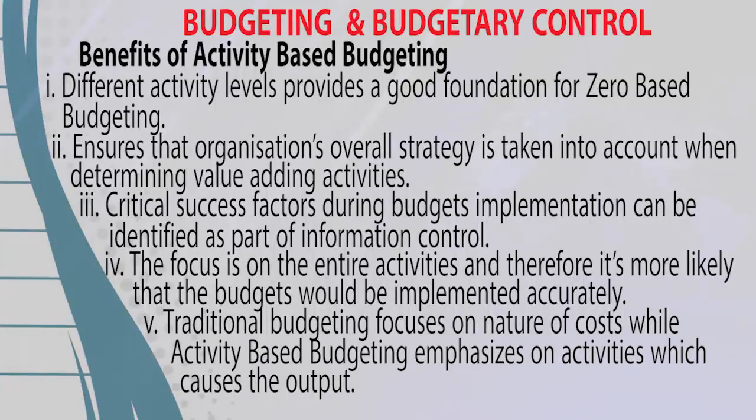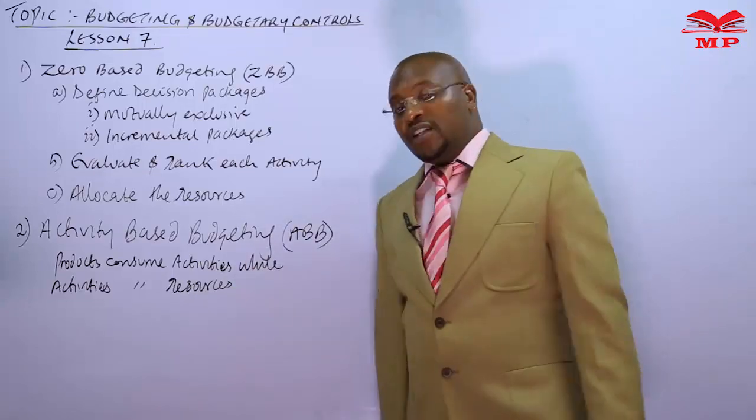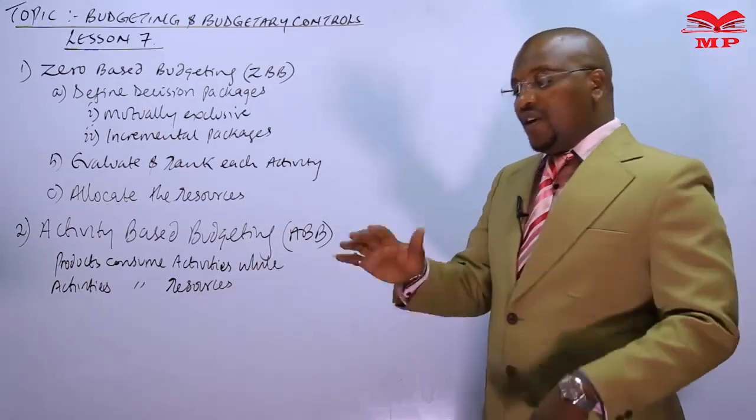Then also talking of traditional budgeting processes, focusing on the nature of the cost, while the ABB focuses on the causes of these activities. Instead of you just looking at the cost itself, the nature of cost, is it fixed cost, is it variable cost, does it change when this changes?